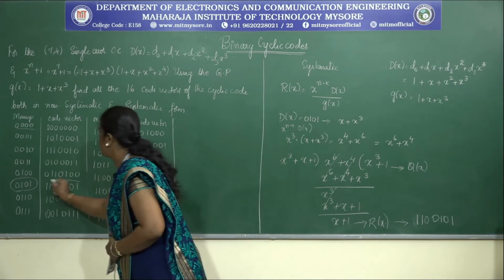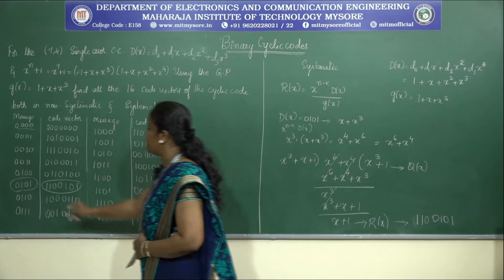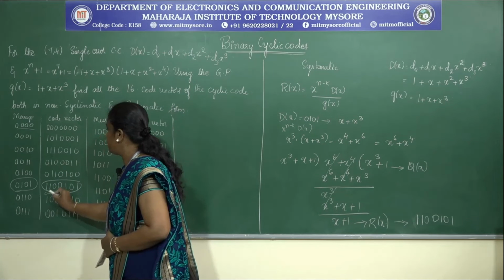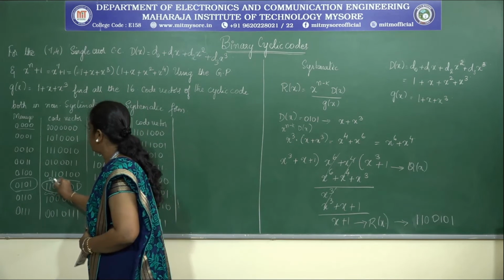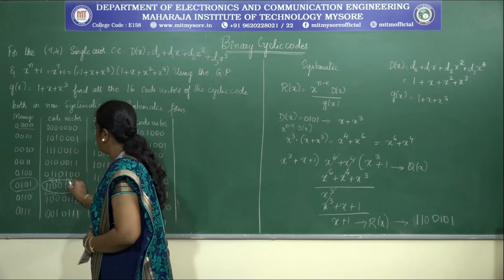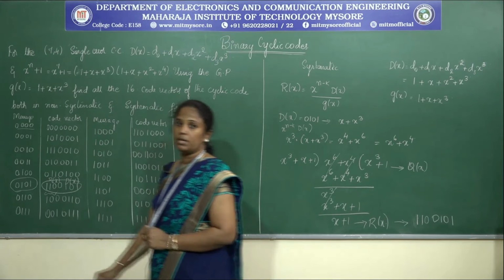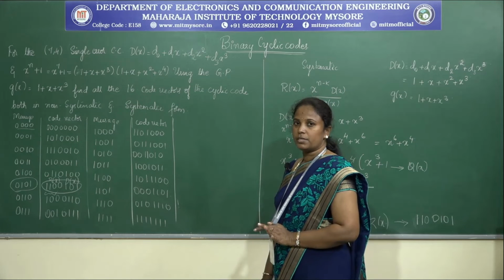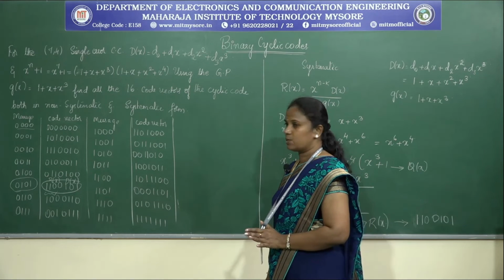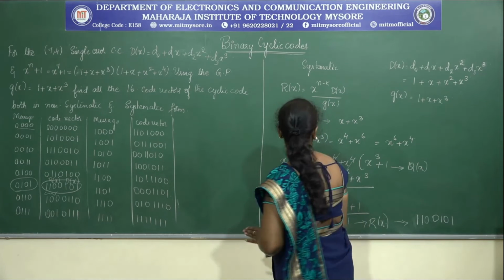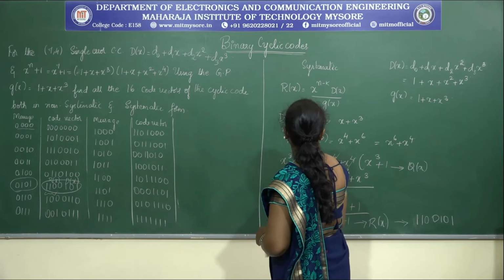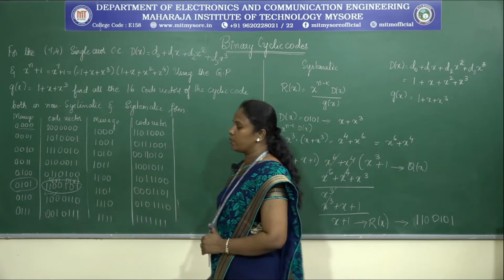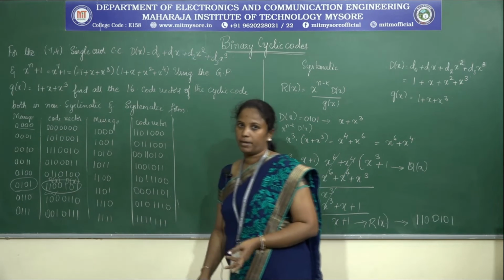So this is what we have found. So first 3 bits, this is your r of x bit and this is your d of x bit. So your message vector should consist of remainder coefficients as well as your message coefficients d of x. Okay. So this is how you are going to find the message vector with respect to your systematic code.